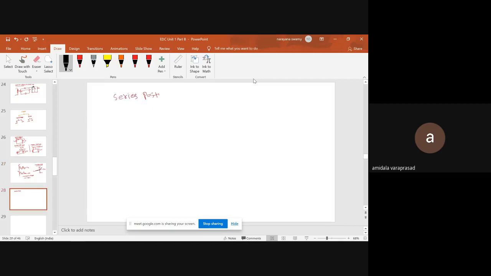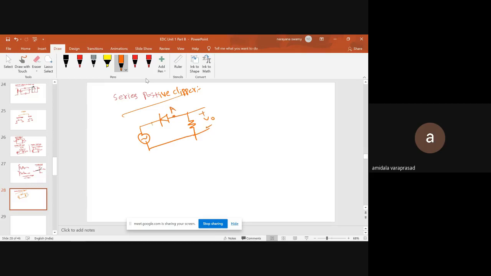Okay, next one. Series negative clipper, then we'll get the diode in this direction. Here it is RL, we can apply the signal. Now this is anode terminal.